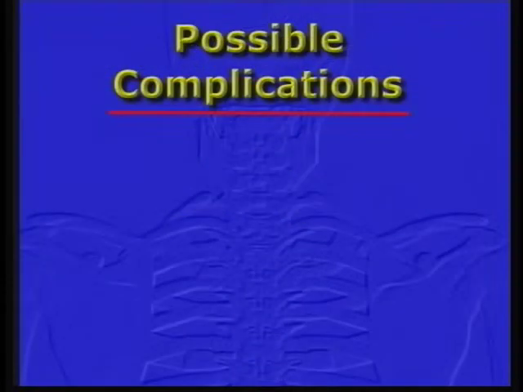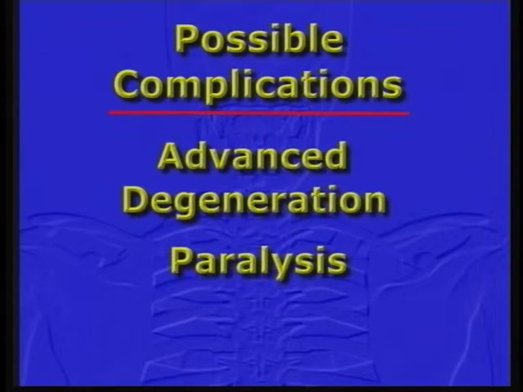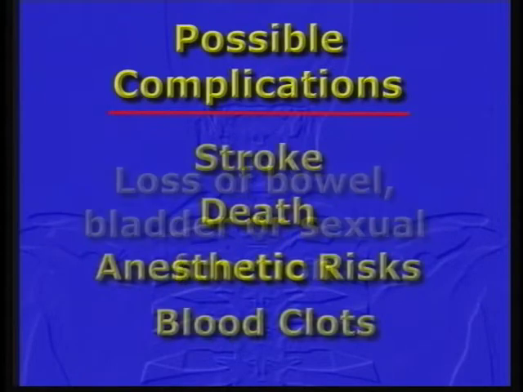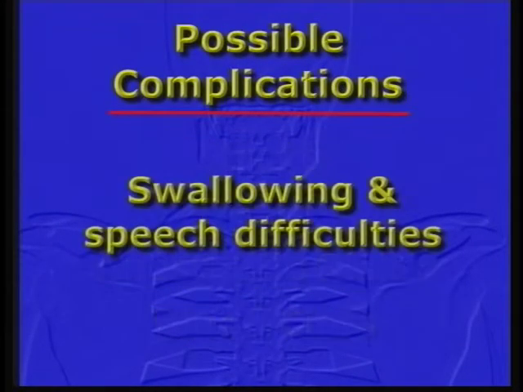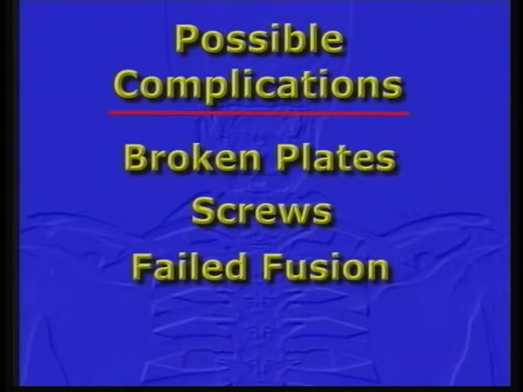Please remember, with any surgical procedure, complications may occur. These complications may include pain, weakness, numbness, advanced degeneration above and below the operative level, paralysis, loss of bowel and bladder control and sexual function, stroke, death, anesthetic risks, blood clots, swallowing and speech difficulties, damage to your trachea, esophagus, and/or carotid artery, broken plates and screws, and a failed fusion.